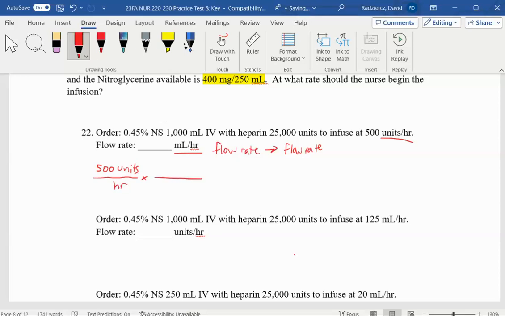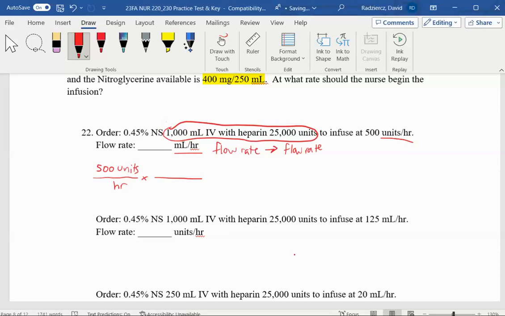I need to use what I have available. What do I have available? I have the 1,000 milliliters of IV with heparin, 25,000 units. So that's my available in this situation.